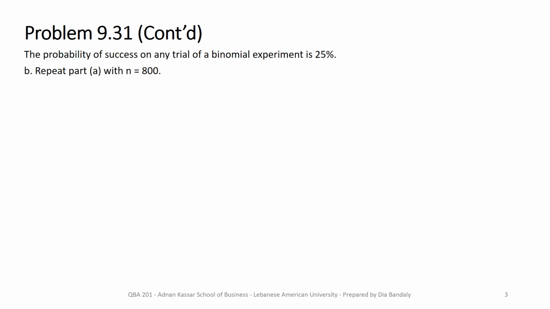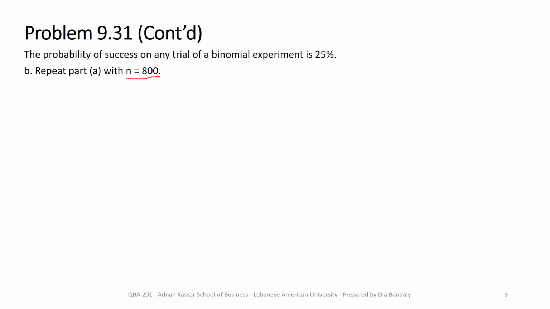Parts B and C are just a repetition of the first part, but here we're changing the sample size. So again, I strongly advise you, if you understood part A, you should be able to do it on your own. Stop the video, try to answer the question yourself first, and then check your answers.